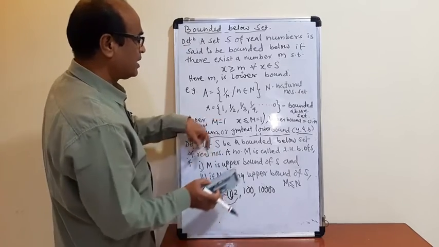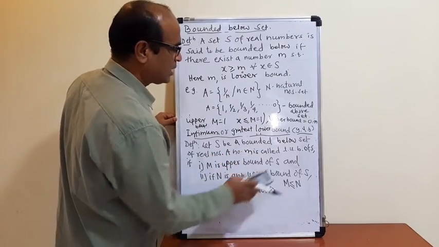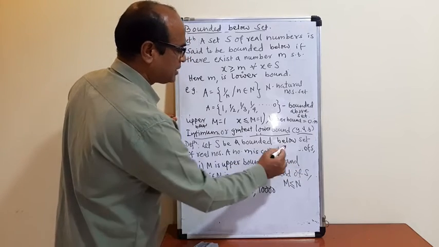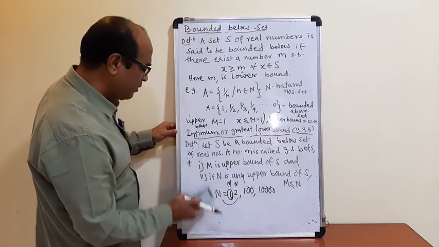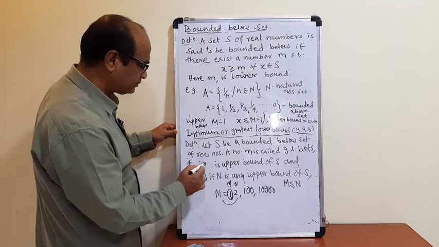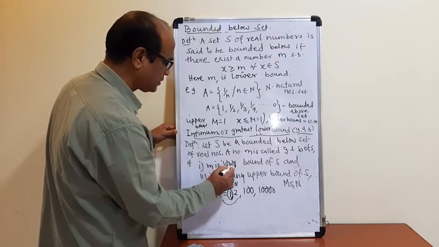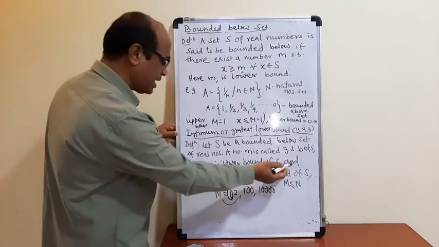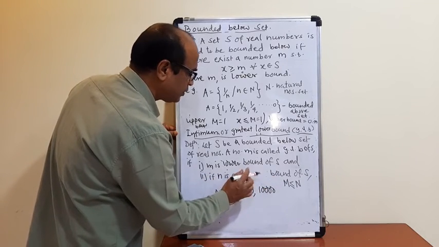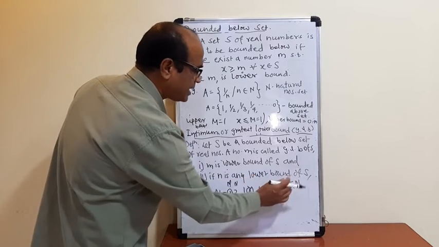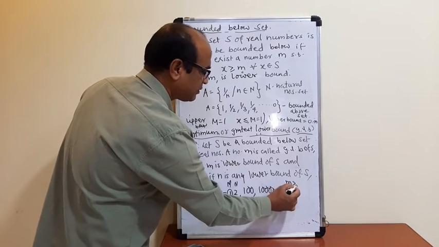A number m is called the greatest lower bound or infimum of S if m is a lower bound of S, and if n is any lower bound of S, then m is greater than or equal to n.